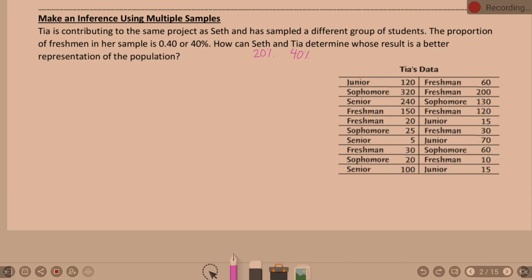Either way, what are we trying to do? We're trying to get more information, right? We're trying to talk to more people, find out more results.